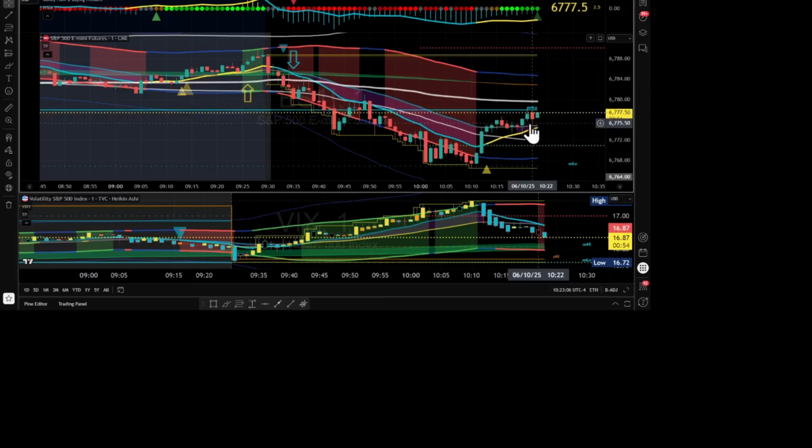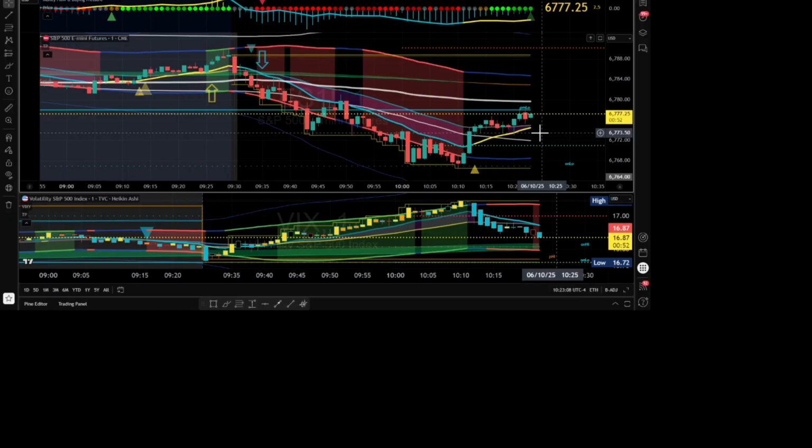Now, if you feel very bearish, obviously it would be a premature trade. But if you feel like this is still a short, then these are the levels at which you want to get back short.